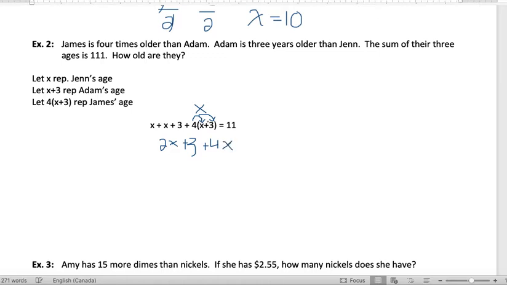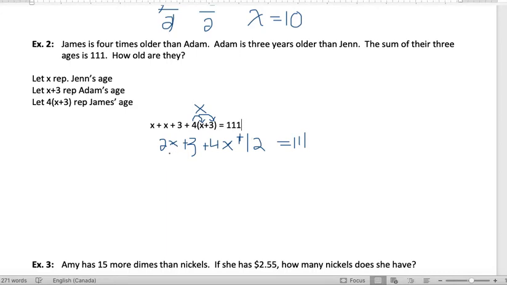And then we have 4 times 3, which is 12. That's plus 12. And we know that that is equal to 111, not just 11. So let's fix that there.